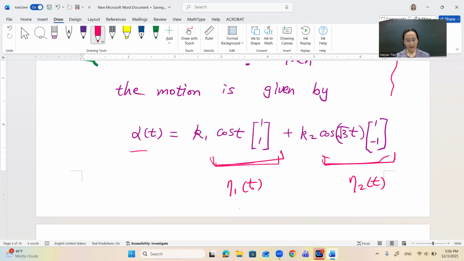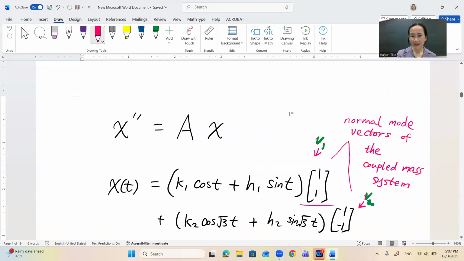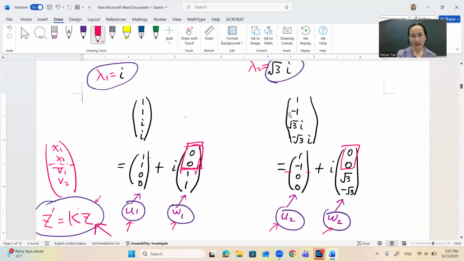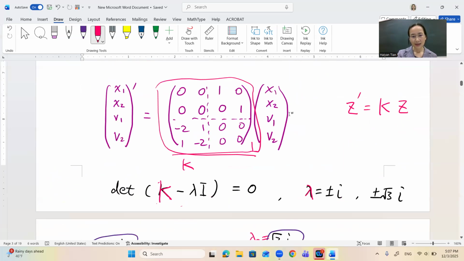Okay, so with this discussion, hopefully you see the general analysis method. And then if you imagine, if you are given a system of 3 coupled masses, what will be the difference? So you can think about a slightly larger system and then think the whole process.